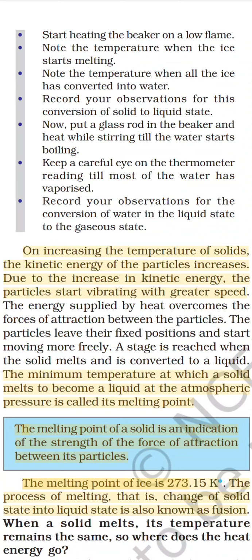Next, put a glass rod in the beaker and heat while stirring till the water starts boiling. Okay. Keep a careful eye on the thermometer reading till most of the water has vaporized. Record your observations for the conversion of water in the liquid state to the gaseous state.